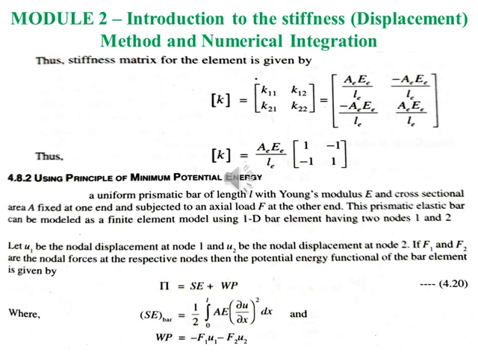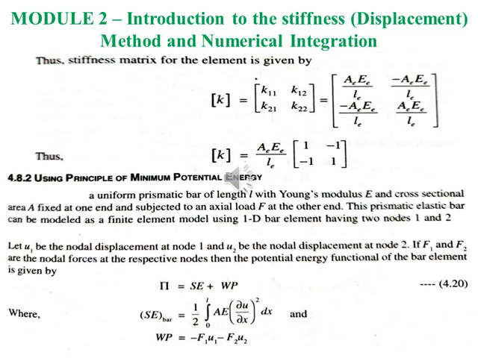This figure is there in slide number 11 in the same video. Check slide number 11. The same figure is used for deriving the stiffness matrix for the element using potential energy.